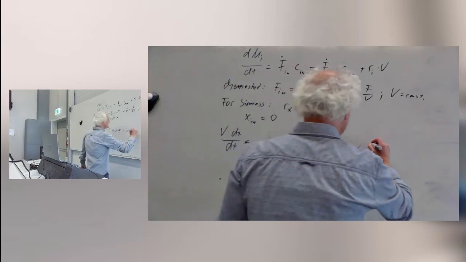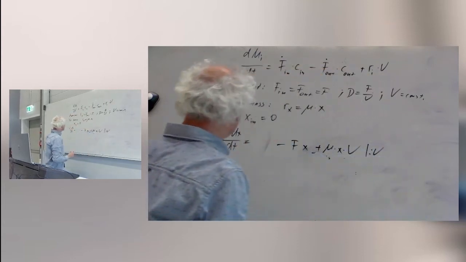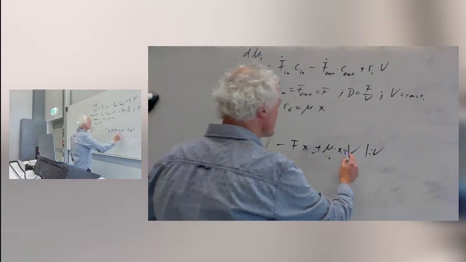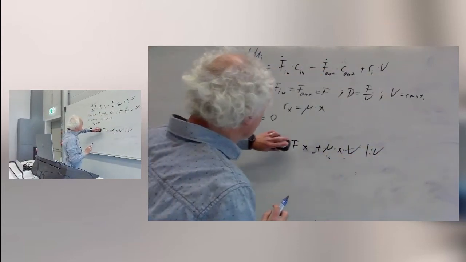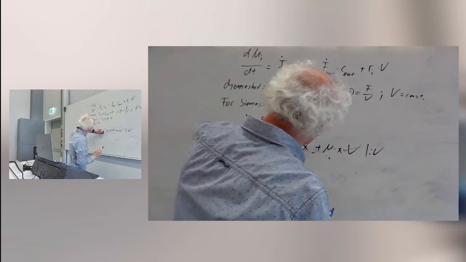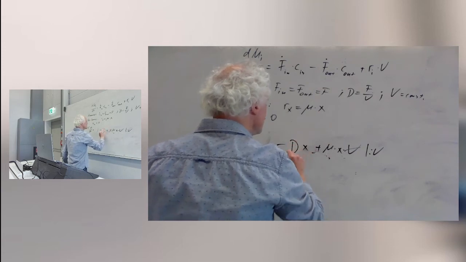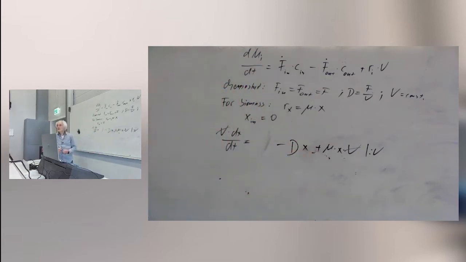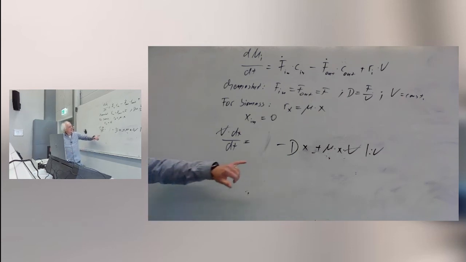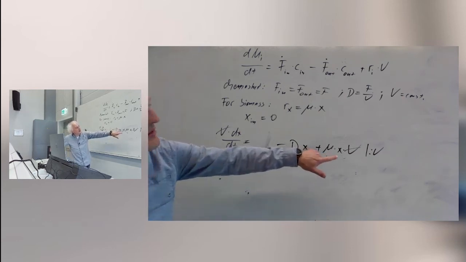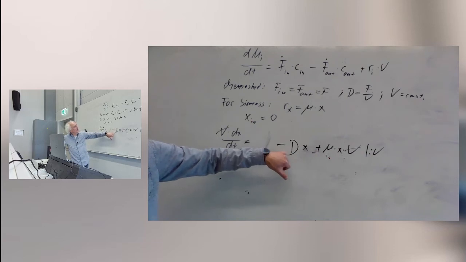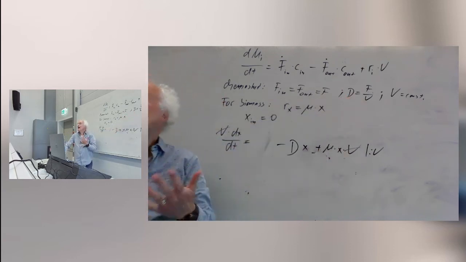Now I'm dividing by the volume, and of course, this volume gets kicked out. And here I have F divided by V, and I have said this is D. If you copy that, it makes sense to make a new line so that you see that also. So F divided by V is by definition my dilution rate.